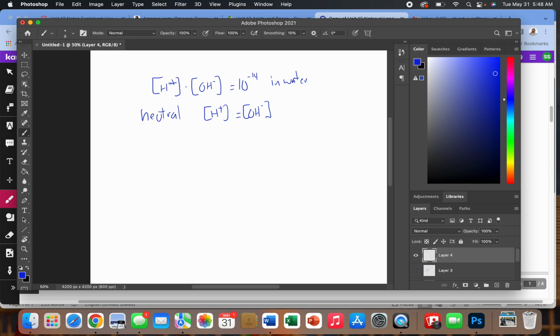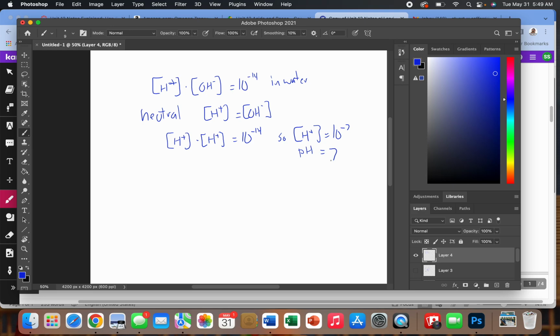Well, if that's true, that would be the same thing as saying that the H+ concentration squared equals 10 to the negative 14th. So we could substitute in, and say H+ times H+ equals 10 to the negative 14th, right? So the H+ concentration equals 10 to the negative 7th, and the pH equals 7.